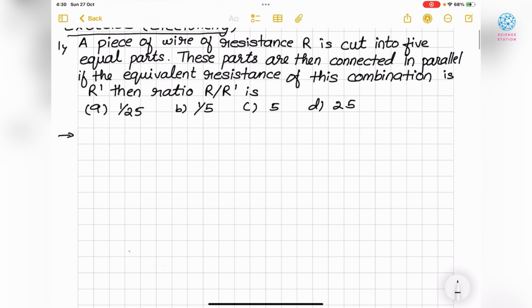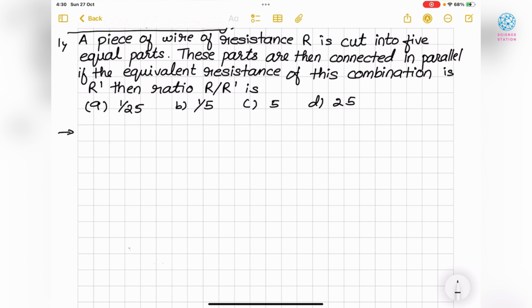The first one says a piece of wire of resistance R is cut into 5 equal parts. These parts are then connected in parallel. If the equivalent resistance of this combination is R dash, then find the ratio R upon R dash.